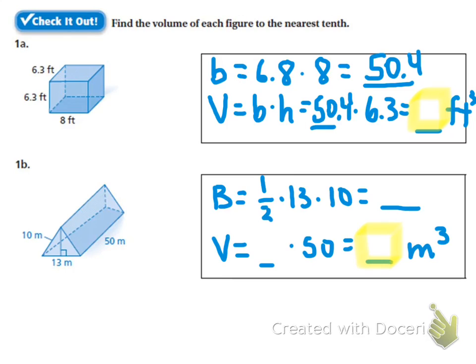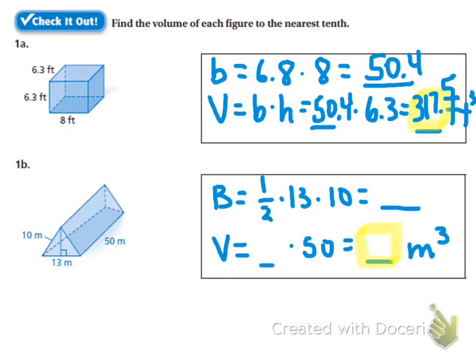What's 50.4 times 6.3? Jack, did you find the response? Yes, I found that it is 138 feet cubed. That is incorrect. 50.4 times 6.3, Brandon? Perfect. And they say round to the nearest tenth. So 317.5 feet cubed. That is correct.